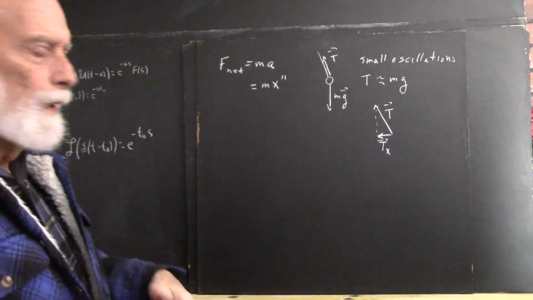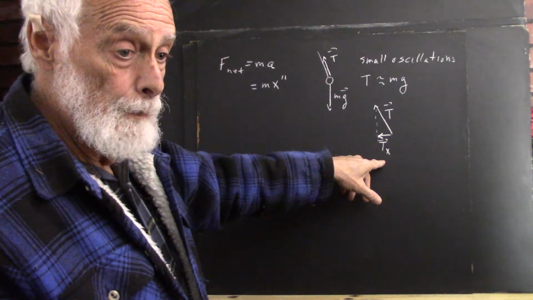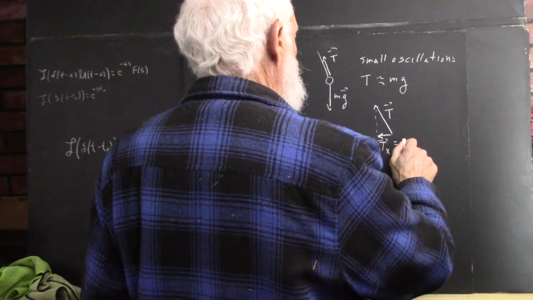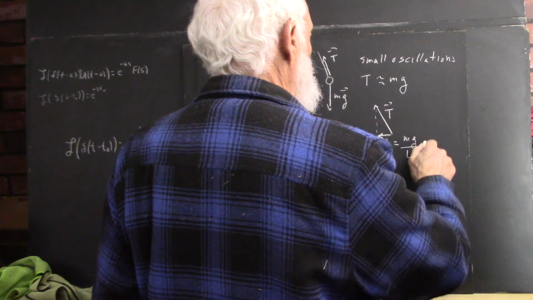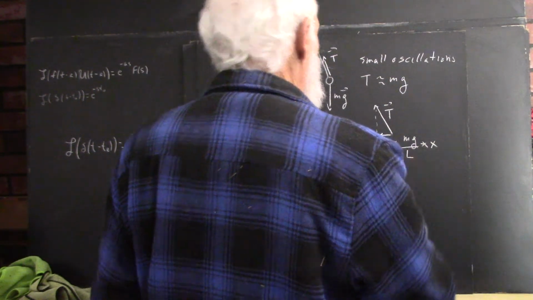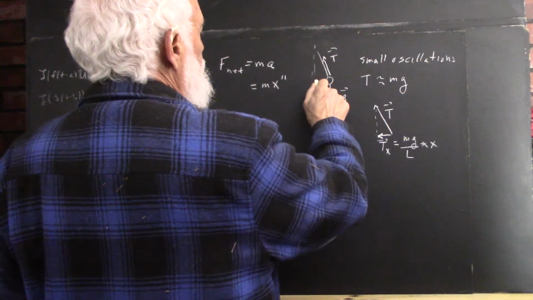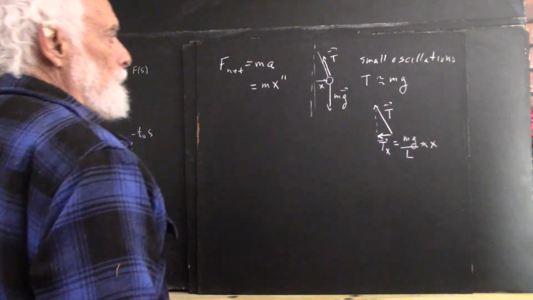So we're going to neglect all that, but the simplest model has an x component of the tension here that turns out to be equal to mg over L times x, badly drawn picture here, where x is your displacement from equilibrium.